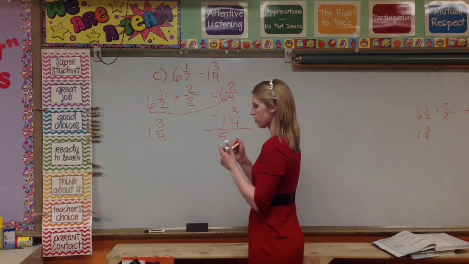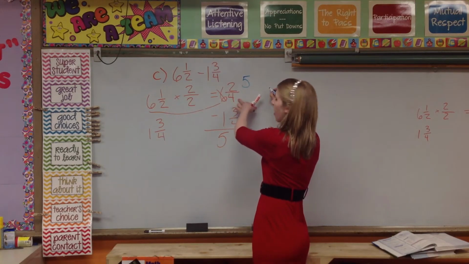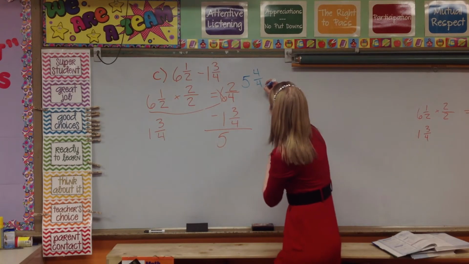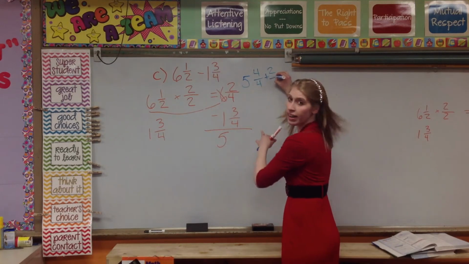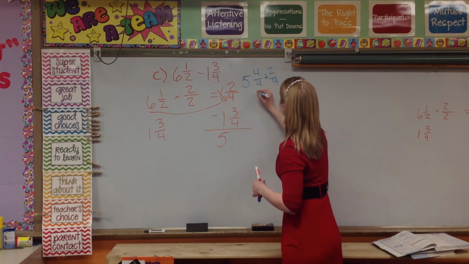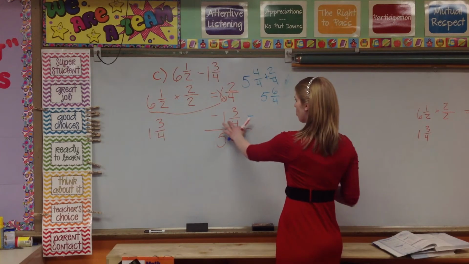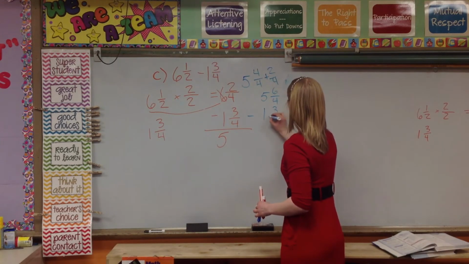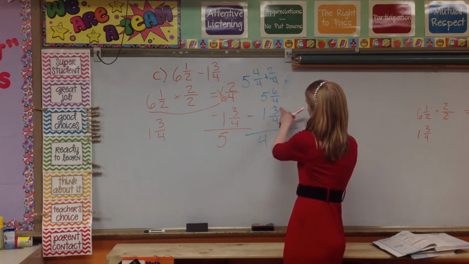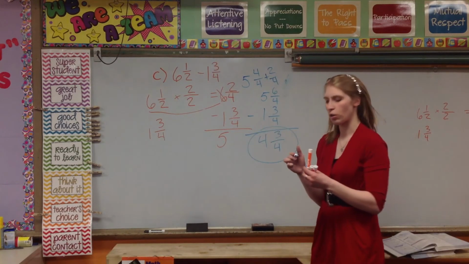So my 6 now changes into a 5, and then I have to add in my 4/4 to stand in for my 1, plus the 2/4 that I already have, and that will be 5 and 6/4 minus the 1 3/4 I already have. 5 minus 1 is 4. 6 minus 3 is 3. So my final answer will be 4 3/4.